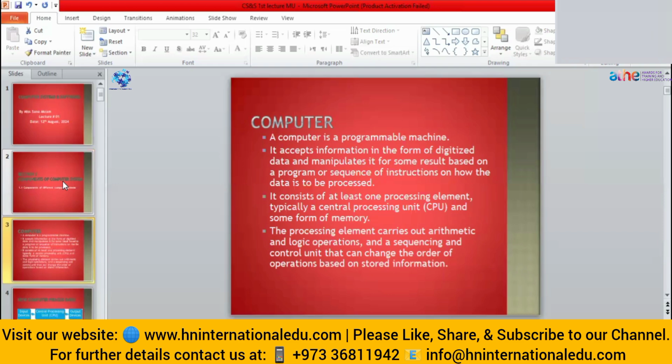So it accepts the data. First of all, we have to provide the data. After that, our computer will process our data and provide us the information. The data that we provide to the computer is based on a program or a sequence of instructions.